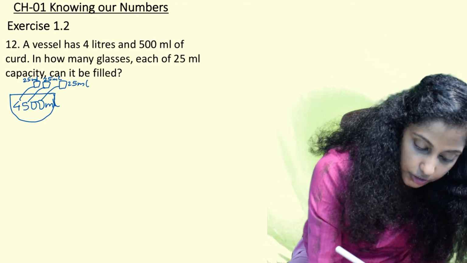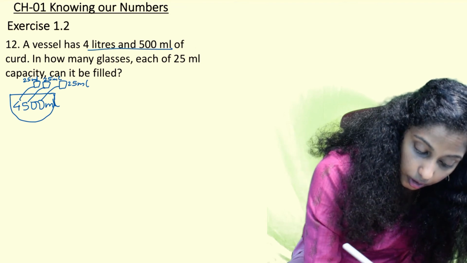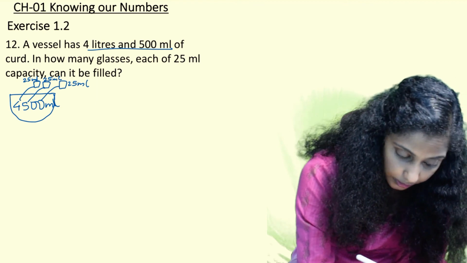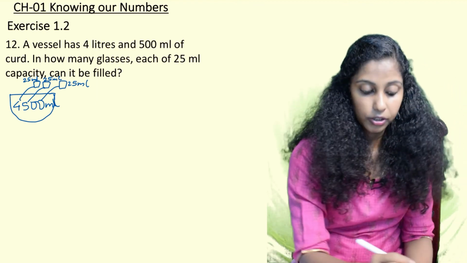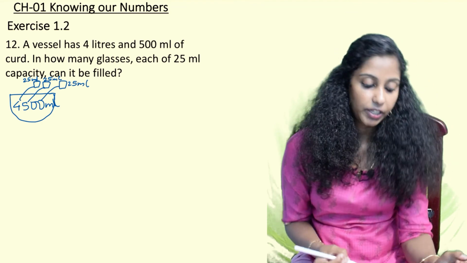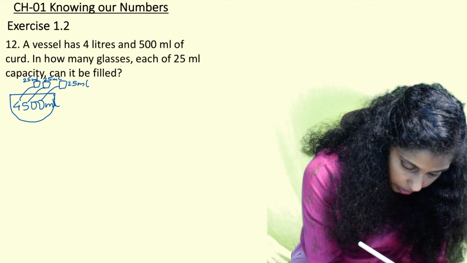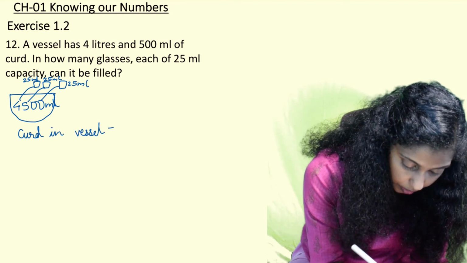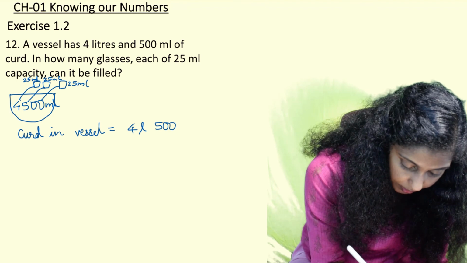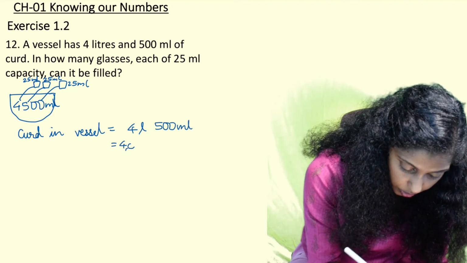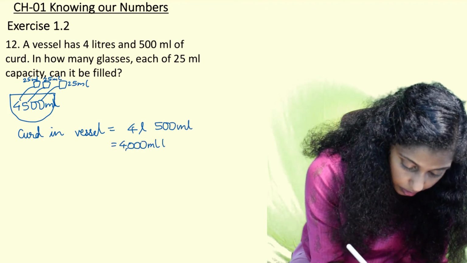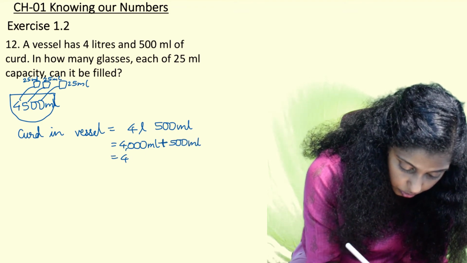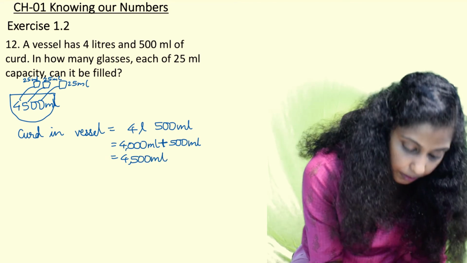So here we need to do division, but we are going to convert everything into milliliter, so that when bigger terms are converted into smaller terms, then the solving becomes very easy. So here we write curd in vessel is equal to 4 liter 500 milliliter is equal to 4000 ml plus 500 ml is equal to 4500 ml.